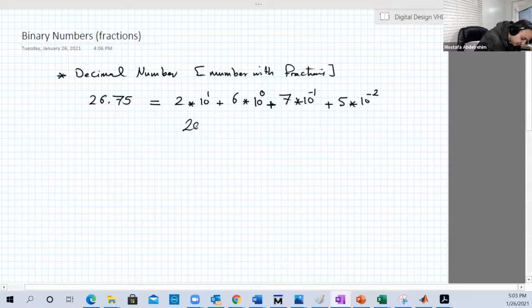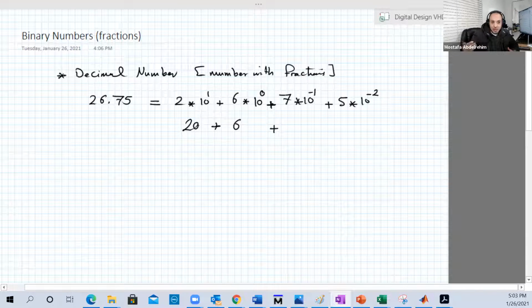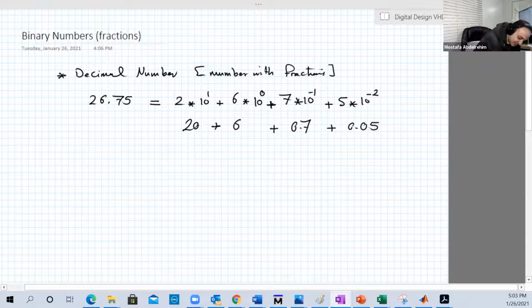So this is 20. This is just 6. And what is this? 7 divided by 10, or 7 multiplied by 10 to the power of minus 1, which is 0.7. Plus, what is this? 5 divided by 100, or 5 multiplied by 10 to the power of minus 2, which is 0.05. If we add those up, this gives us 26 here, and this plus this gives us 0.75.